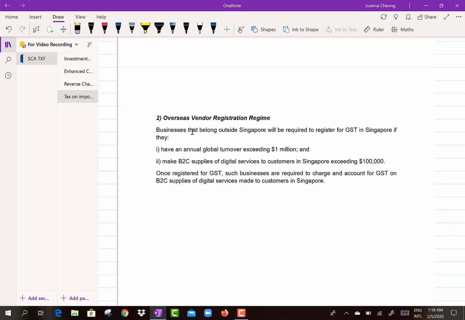If they fulfill these two criteria, the foreign businesses who have been supplying imported services to people and businesses in Singapore will need to register to be GST registered for this purpose.